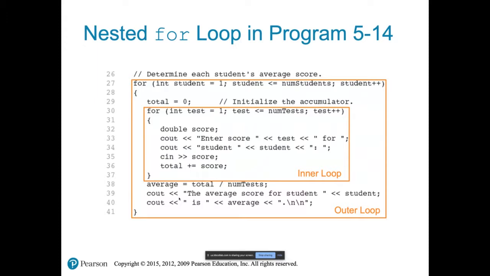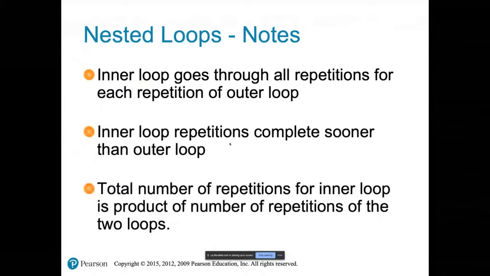So in this case, the inner for loop is always going to finish first before the outer, because for each outer loop iteration, all the inner loop has to be executed. The inner loop goes through all repetitions for each repetition of the outer loop.